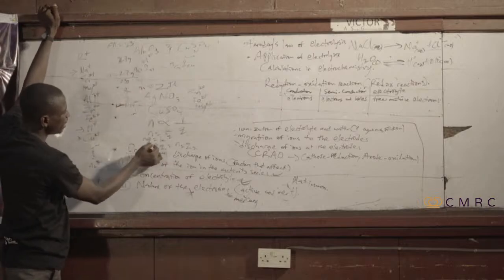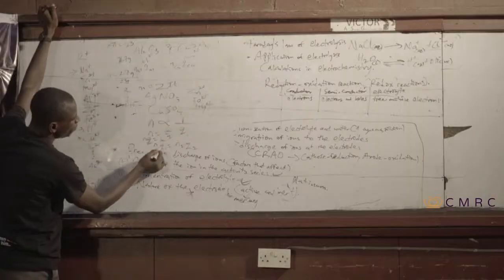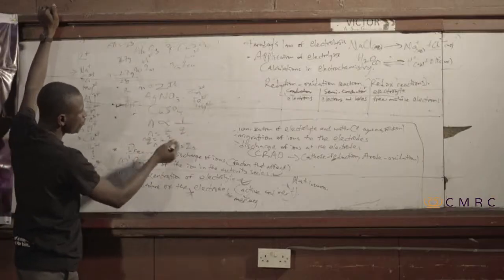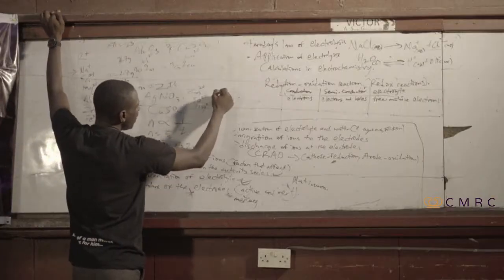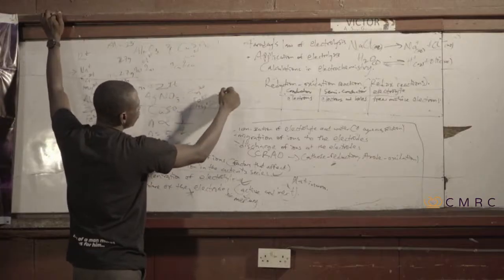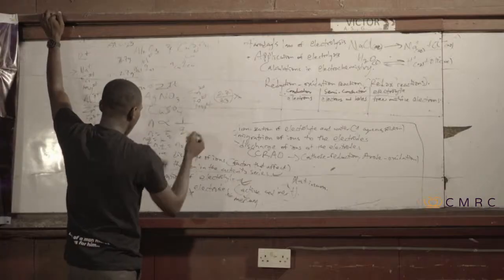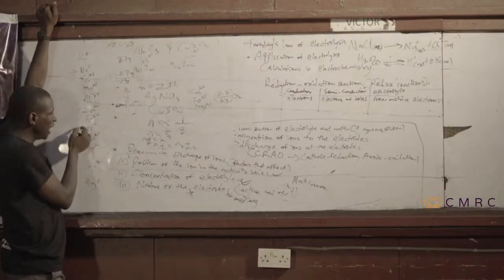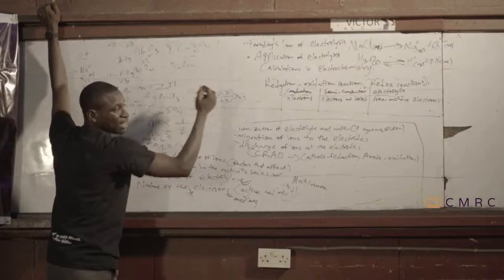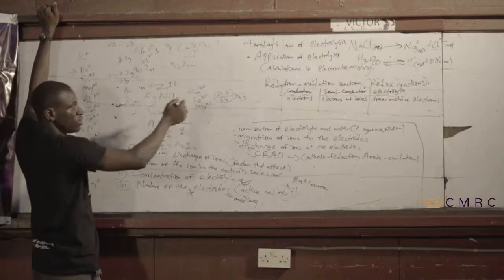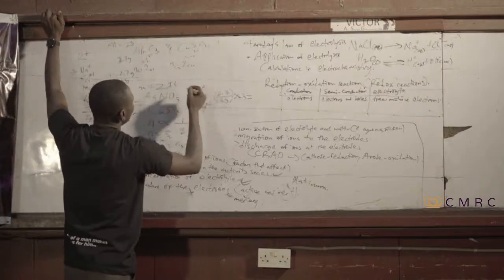We can now bring it into this formula: for aluminum, it will be N, which is 2.7 over 27, multiplied by the chemical equivalent of aluminum, Al3 plus, times 3. Whether it is plus or minus doesn't matter.